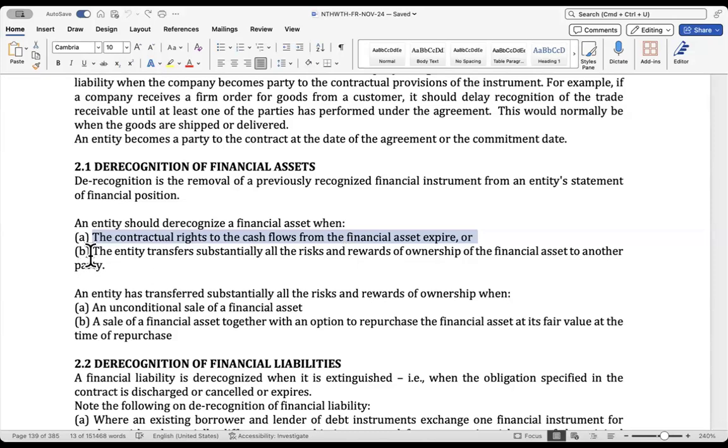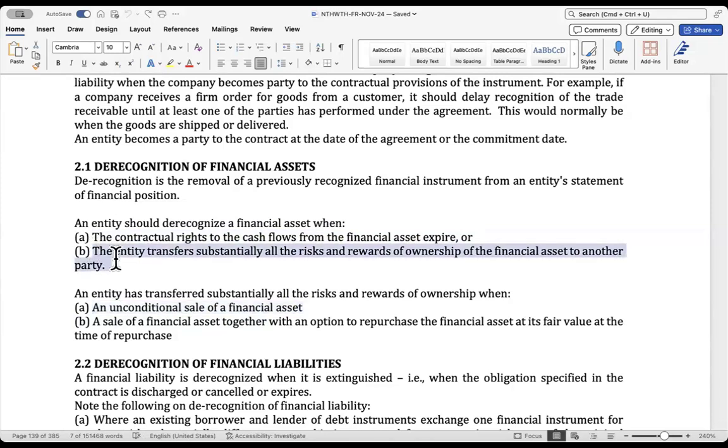Or if the entity transfers substantially all the risk and reward of ownership of the financial asset to another party. And this happens when there is an unconditional sale of the financial asset.